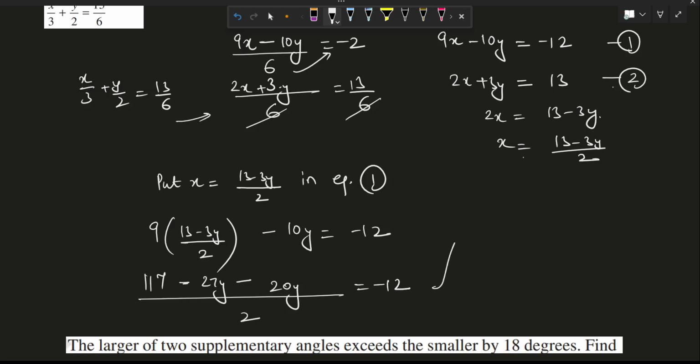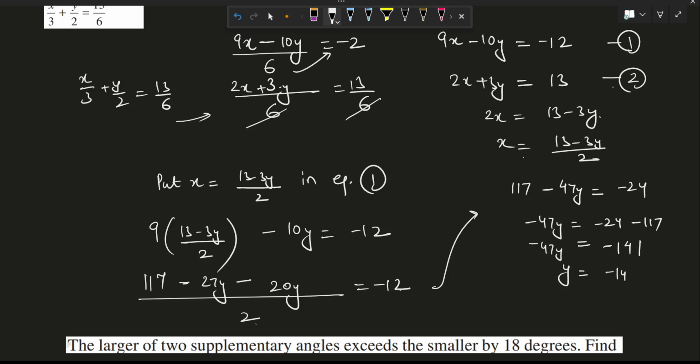So when you simplify it, you will have 117 minus 47y is equals to 2 into minus 12, minus 24. Minus 47y is minus 24 minus 117. How much is that? 1 carry over 3, that's 4, and 141 minus 47y. I think, is it going to be cancelled?